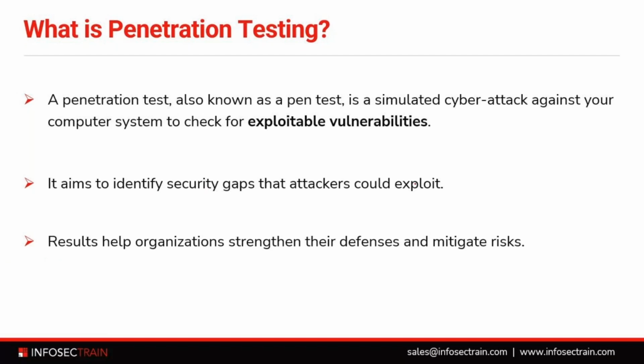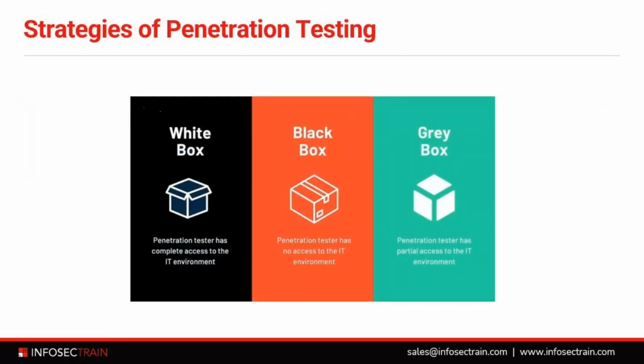Now, when we are talking about penetration testing, there are strategies of penetration testing. So we have white box, black box, and gray box pen testing. Yes. So what is black box pen testing? See, when we are discussing pen testing, it is a type of security testing which evaluates the organization's ability to protect its infrastructure, like network, application systems, and users, from external as well as internal threats, right?